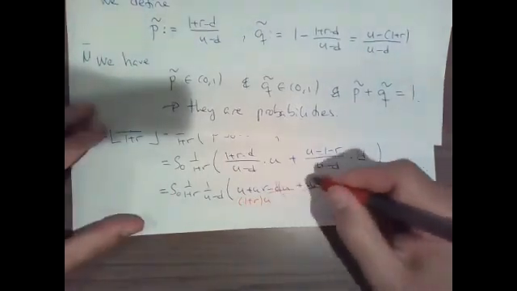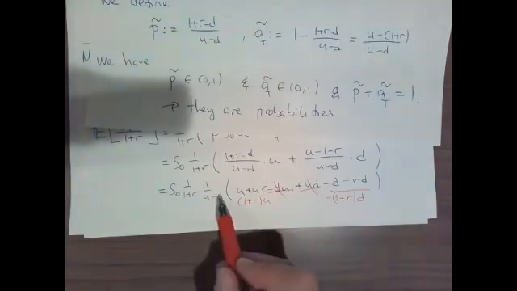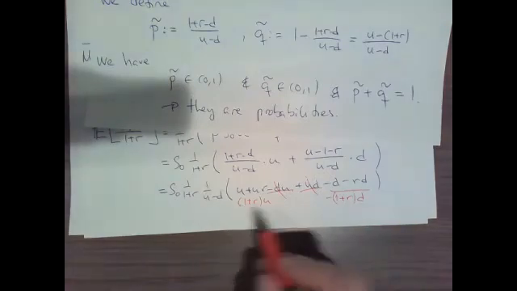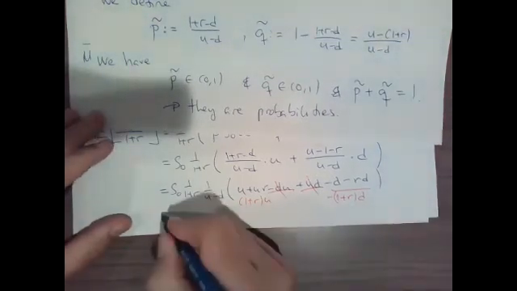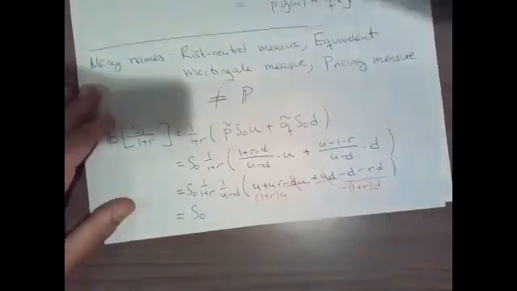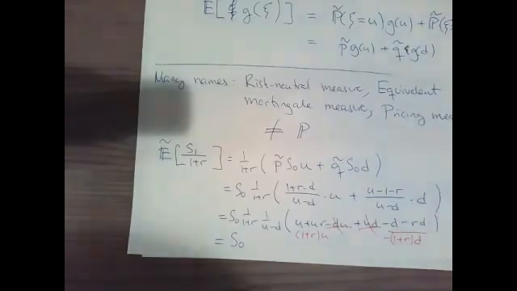So this is cancelled, this is cancelled, and so we have these two terms, and here I have divided by 1 plus R, divided by U minus D. So you see all of this stuff cancels out, and what you're left with is 0. Is that why it's risk neutral? That's why it's called risk neutral.